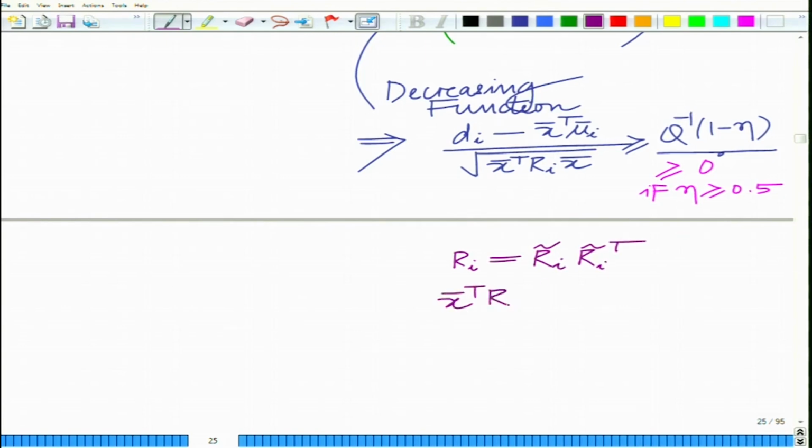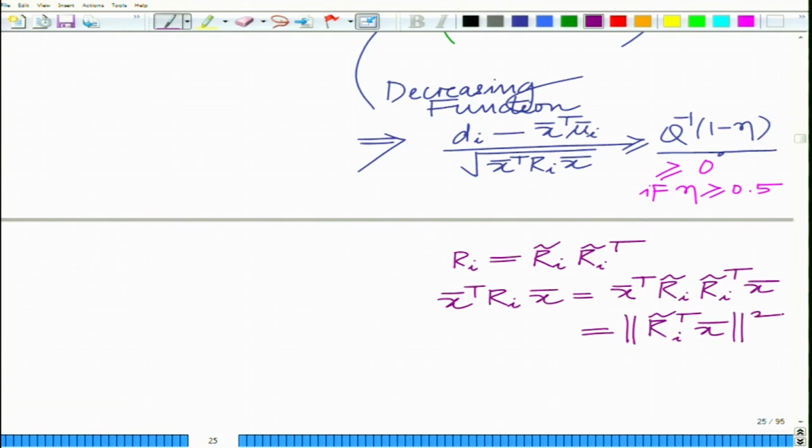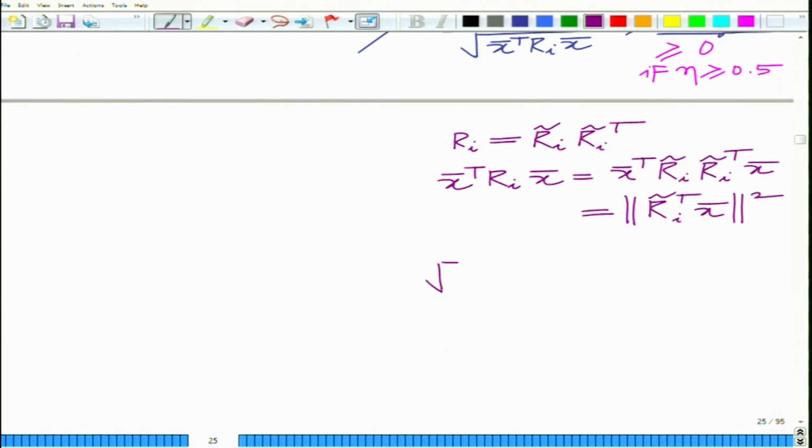This implies x bar transpose R_i x bar equals x bar transpose R_i tilde transpose R_i tilde x bar, and if you look at this, this is nothing but the norm square of R_i tilde x bar, and therefore the square root of x bar transpose R_i x bar equals the norm of R_i tilde x bar.